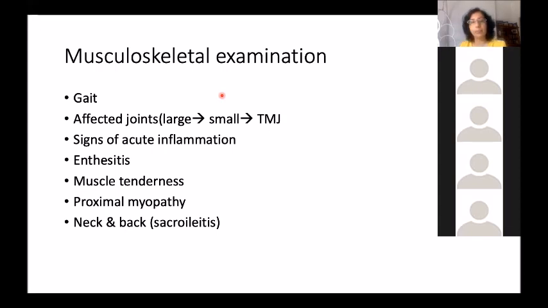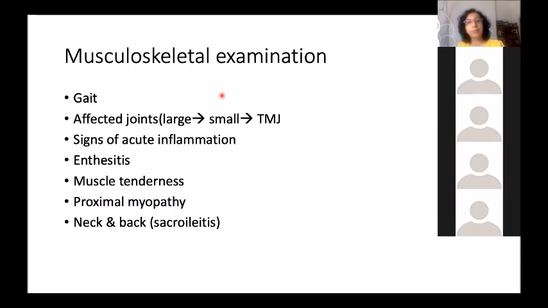Right? I would prefer presenting the relevant system first. Now, since this is a fever with polyarthritis, I would prefer if somebody starts off with the musculoskeletal examination.